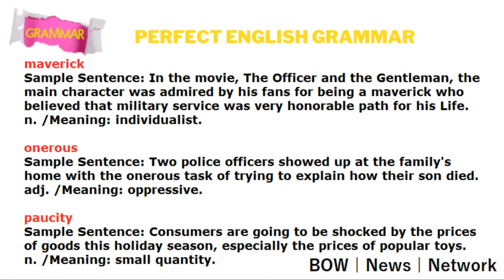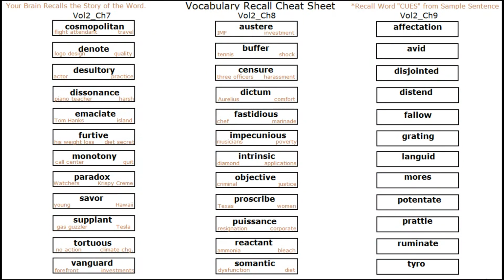So if you were to prepare your own memory vocabulary recall cheat sheet, then you'll be able to quickly fill them in, and then when you're studying, you're going to remember that bold word and then its two keywords. The memory of the sample sentence is going to come back.